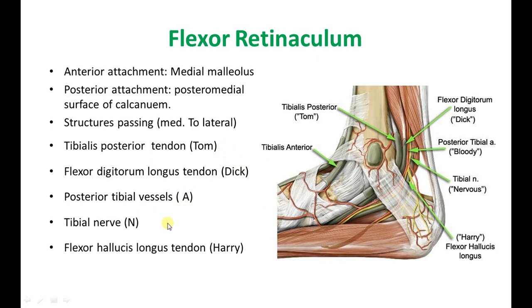Tom stands for tibialis posterior, Dick stands for flexor digitorum longus, A for artery, posterior tibial vessels, N for nerve, tibial nerve, and flexor hallucis longus, H for Harry. So these are the structures passing from medial to lateral along the flexor retinaculum.